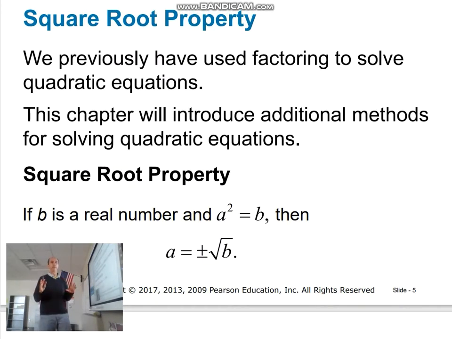Remember, I talked to you about the AC method, where you multiply A times C and find the number, and you check what's the value of B, and you have to guess a few numbers, and it's kind of hard work, right? This chapter will introduce you to additional methods for solving quadratic equations. Very useful. First thing, we have to learn about the square root property.